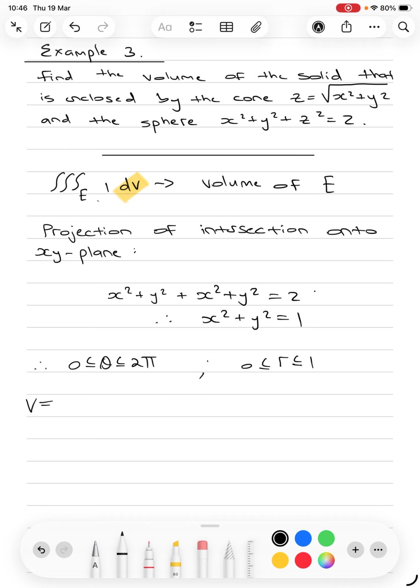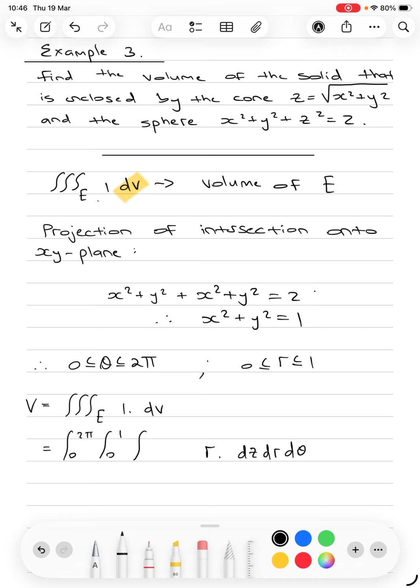We get the volume by integrating the constant function over this region E, but now we've expressed E, or the solid E, with polar coordinates, which means we are not integrating the constant function, but r, because r forms part of that formula.